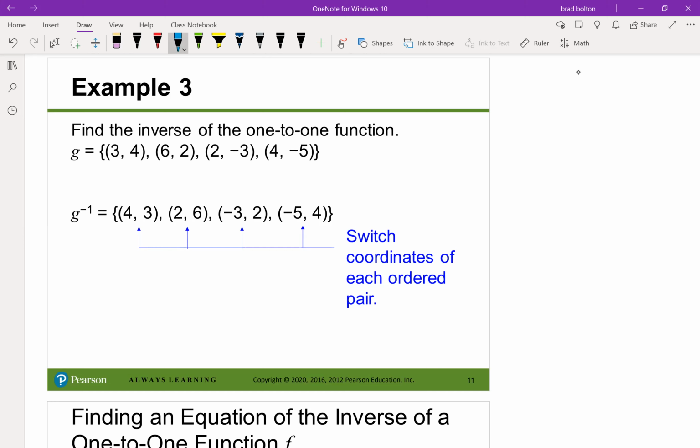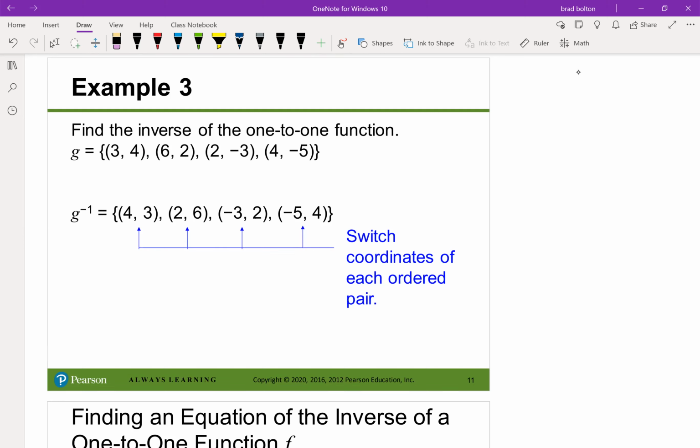If this is some function g, then here would be g inverse. So notice they literally take 3 and put it in the y coordinate, and they take 4 and put it in the x coordinate. They take 6 and put it as a y coordinate, and they take 2 and put it as an x.